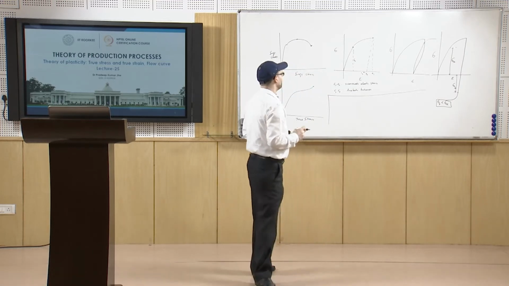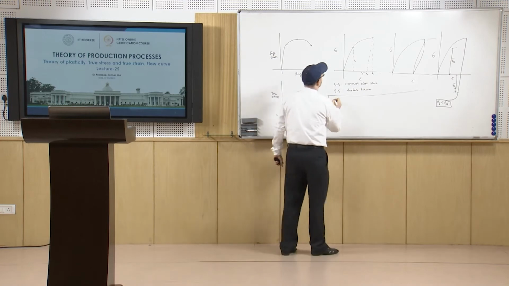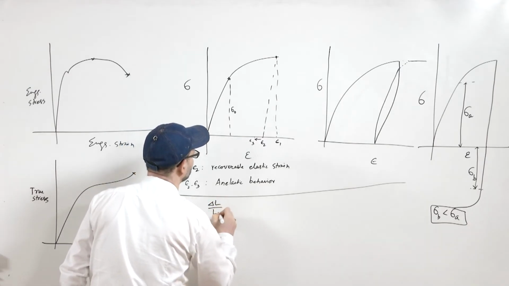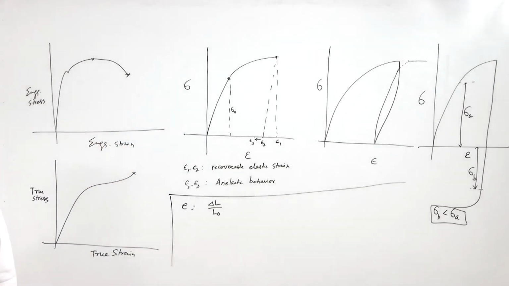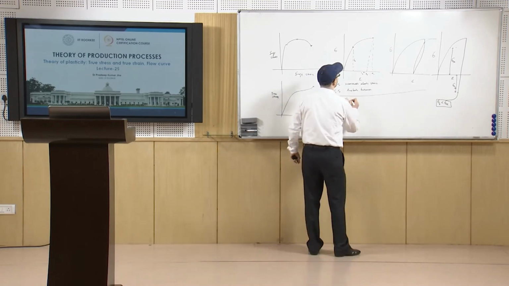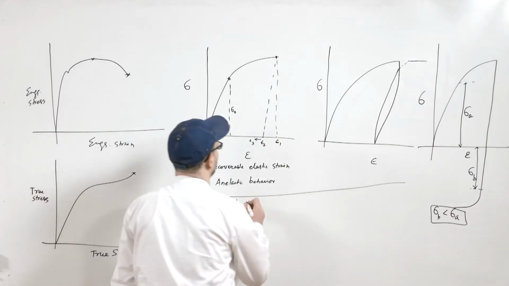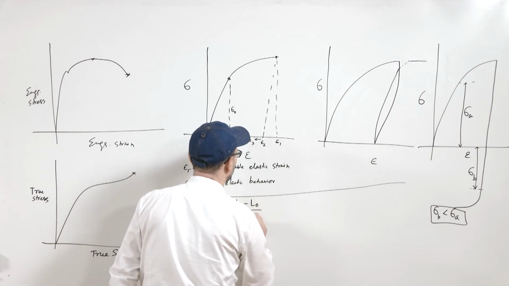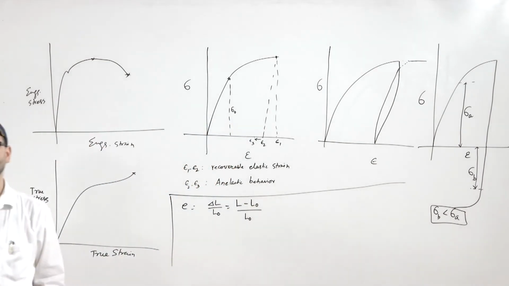In the case of engineering strain, e is basically delta L by L naught. So if you have the final length as L and the initial length was L naught, this is how the engineering strain is defined.